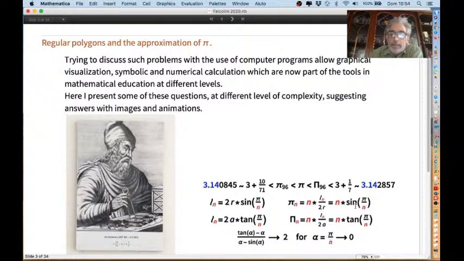This means that this formula for pi n is sine of alpha divided by alpha, and if we subtract the value of pi, we get the ratio between the 2 errors in this approximation from below and from above, that goes to 2 when alpha goes to 0, so when n goes to infinity. This means that the approximation on the left is always twice better than the approximation on the right.